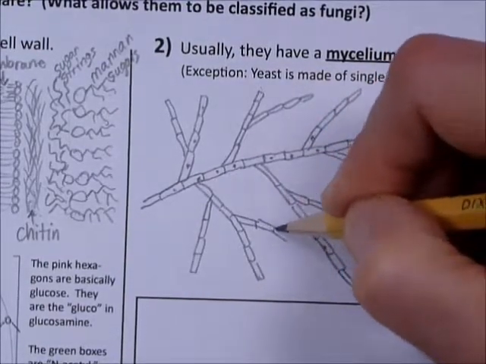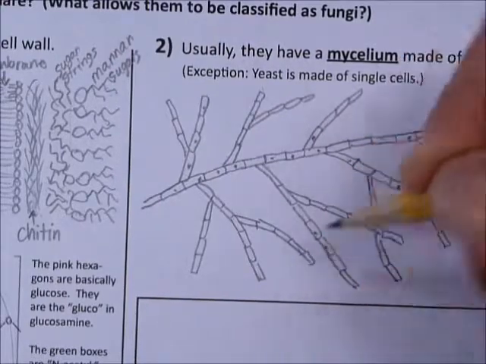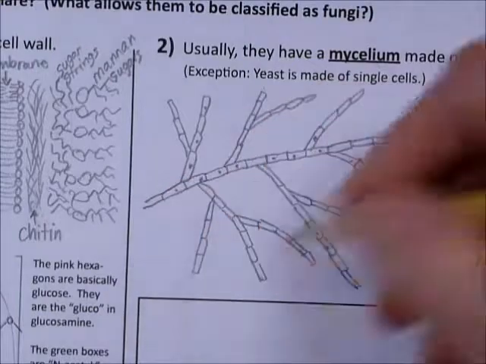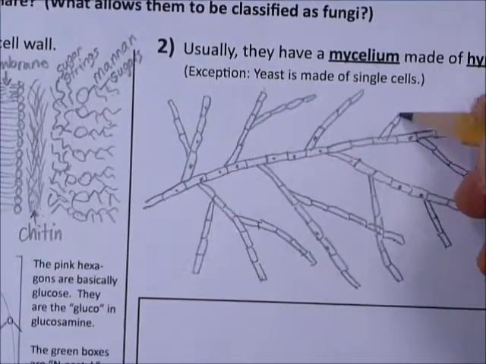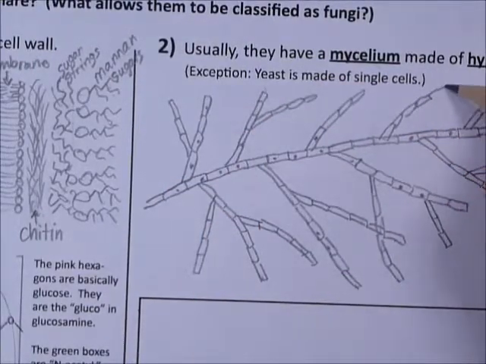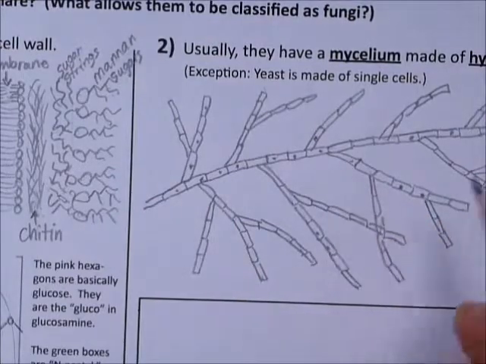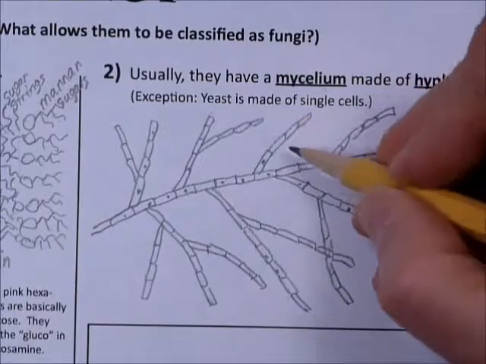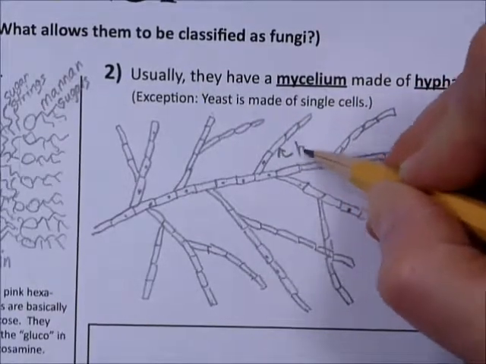Okay, so this thing that we're drawing is called the mycelium. The whole thing together is the mycelium. If you're just talking about one branch, one piece, like right here, one of these is a hypha.